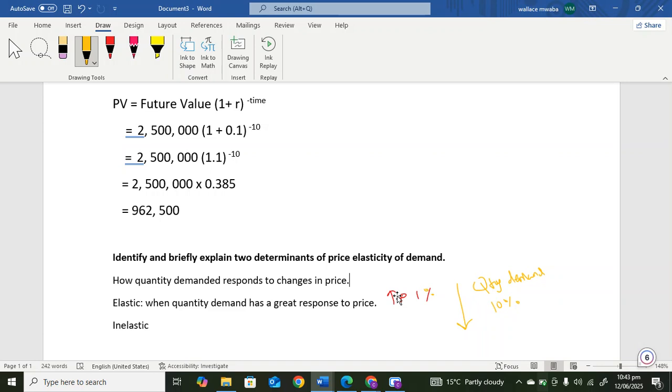There's little response when price changes. Inelastic demand is when quantity demanded has a little response to price.